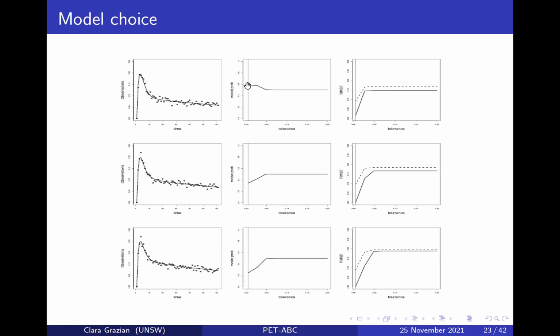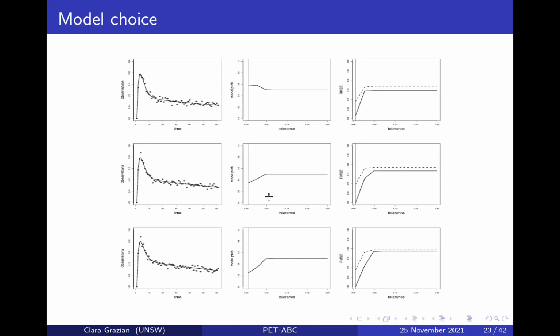So it is possible to see that, when choosing the tolerance level relative to the lowest mean square error, in the first case we would choose model 1, the one tissue compartment model, with a posterior probability around 0.60. In the third case, we would choose the two tissue compartment model because the one tissue model had a posterior probability around 0.25.